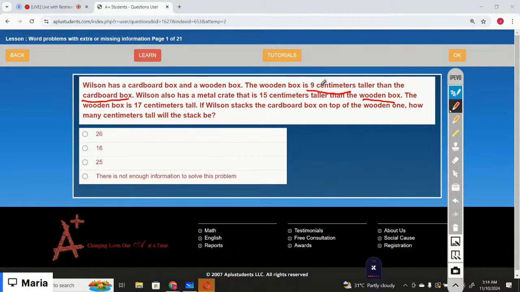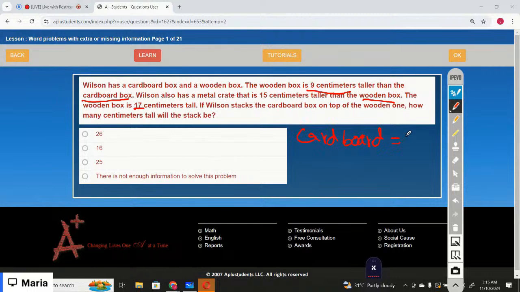Okay, the wooden box is 9 centimeters taller than the cardboard box. The wooden box is 17, right? So you need to calculate the height of the cardboard box.